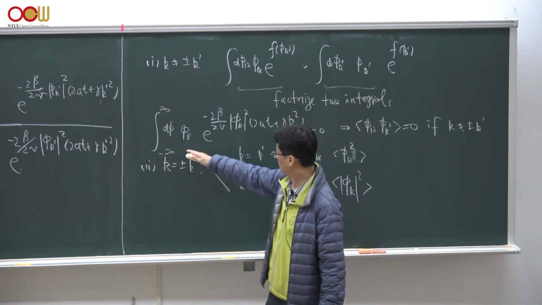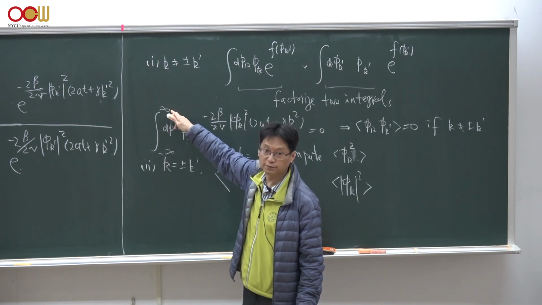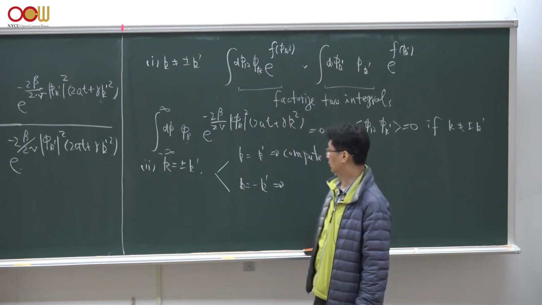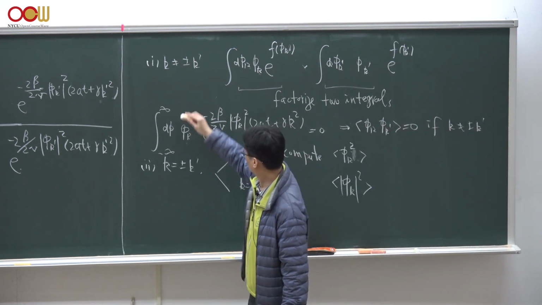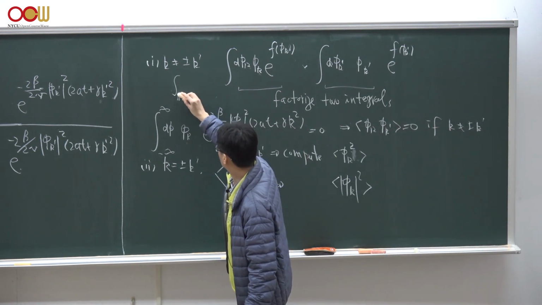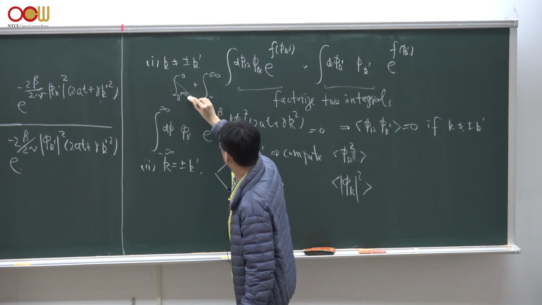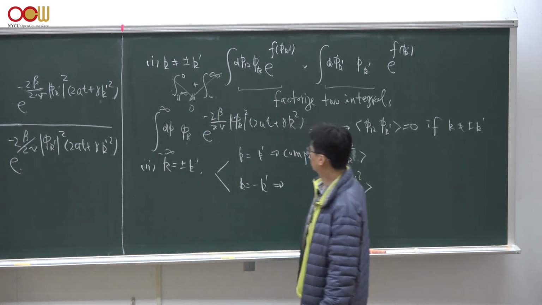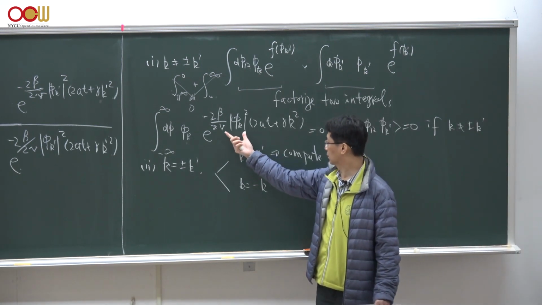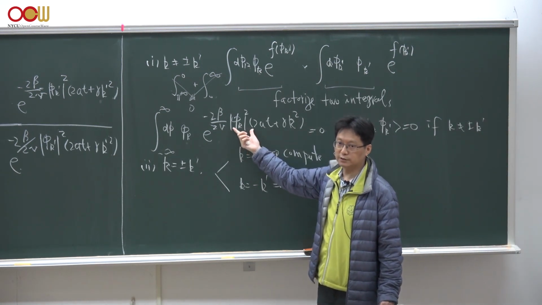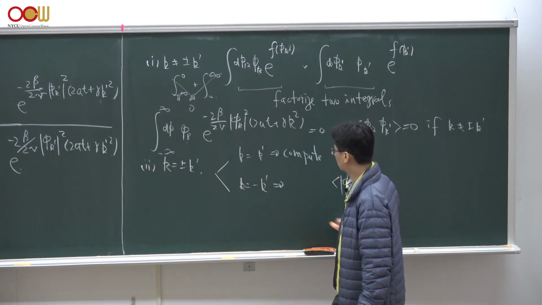And the integration is from minus infinity to plus infinity, so there's a cancellation between the negative part and the positive part of this integration. You could very easily see that because of the odd parity of this function. Remember, this exponent is actually a function of the phi k magnitude squared, which is an even function of phi.